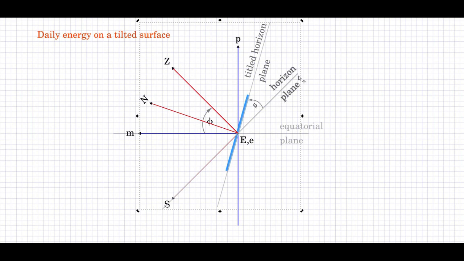So the local centric horizon plane is like this, and with respect to the local centric horizon plane at an angle beta, you have the tilted flat plate collector, and the plane along that is called the tilted horizon plane, and the line normal to that is the normal axis.